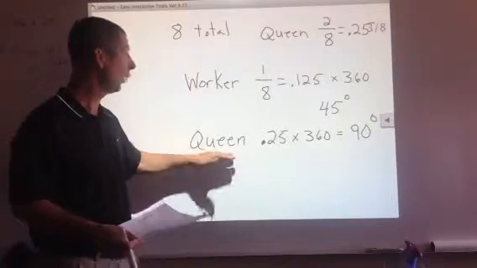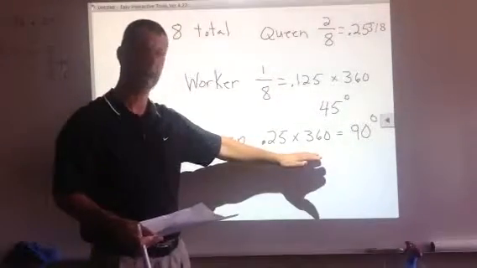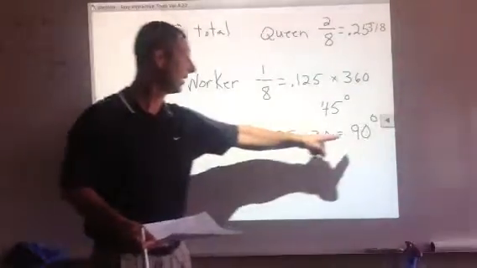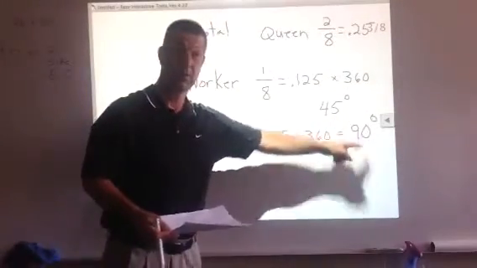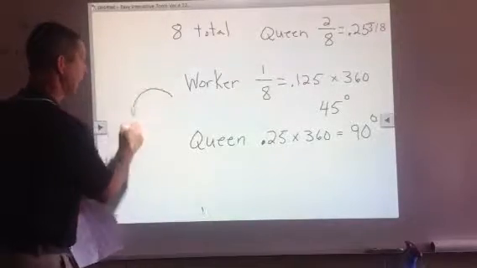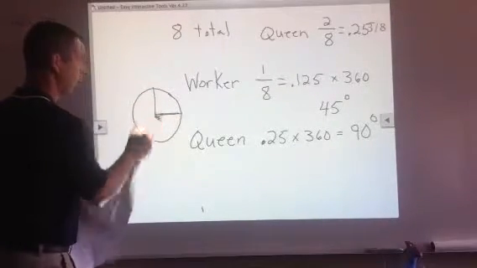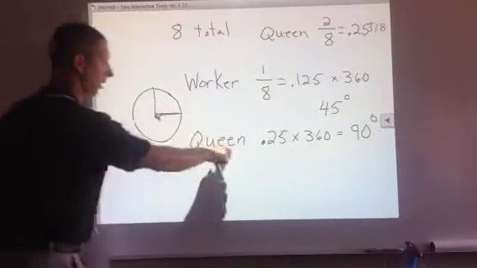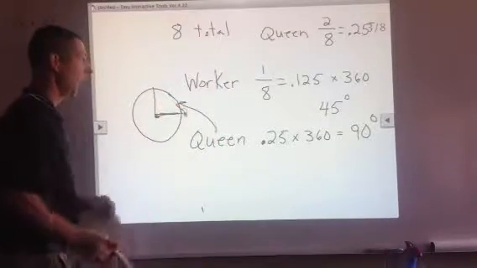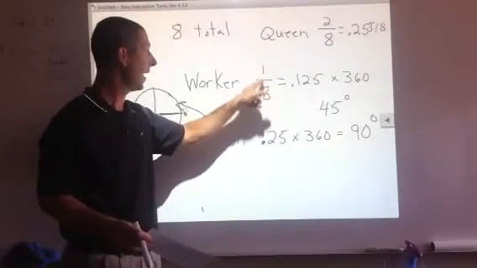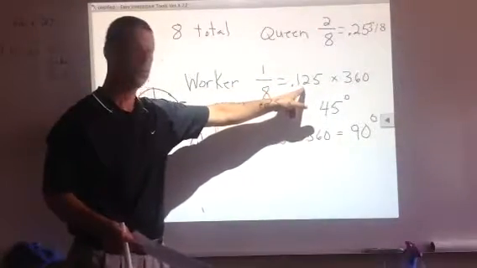So for the queen ant, when you make your circle graph or pie chart, you need to make a circle and take 90 degrees of it. If this is my circle and I take 90 degrees of it, that's a quarter of your circle. That's going to be for the queen ants. The worker ants is 1/8. 1 divided by 8 is 0.125.